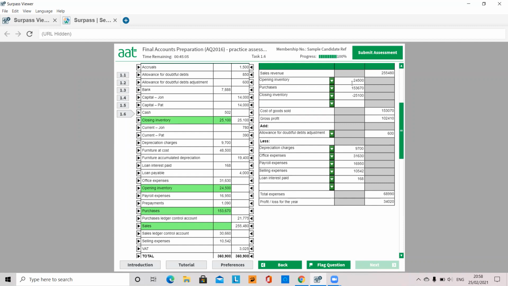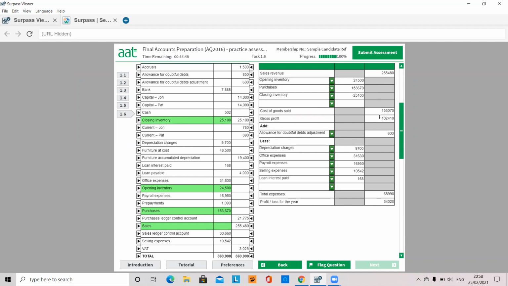Opening inventory plus purchases minus closing inventory gives us our cost of sales, okay? Sales minus cost of sales gives us gross profit.